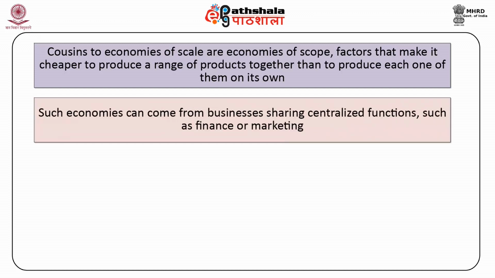Such economies can come from businesses sharing centralized functions such as finance or marketing, or they can come from interrelationships elsewhere in the business process, such as cross-selling one product alongside another, or using the outputs of one business as the inputs of another.